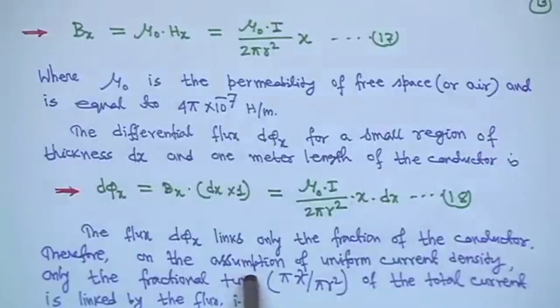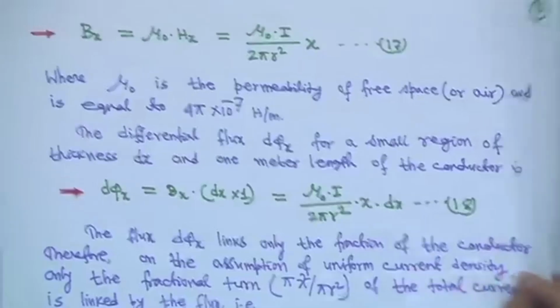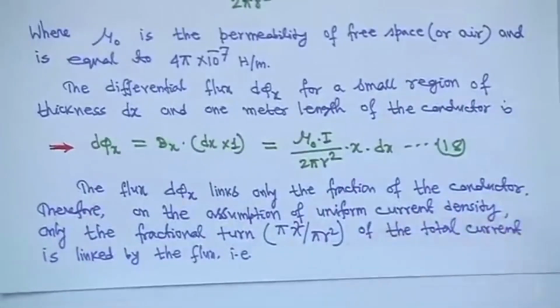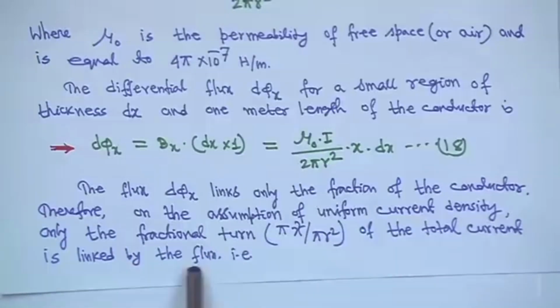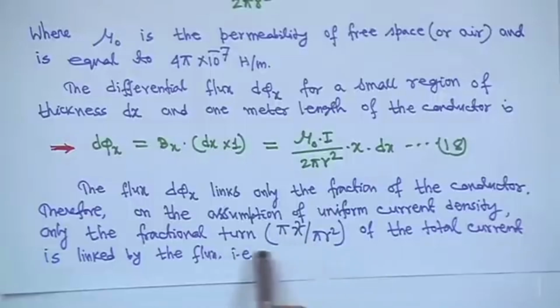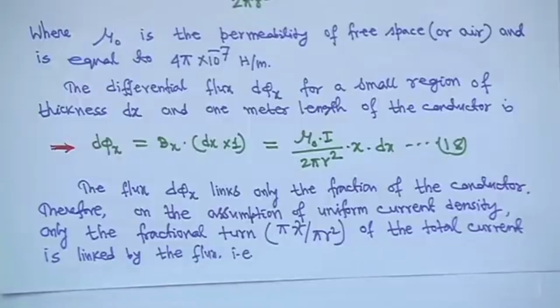On the assumption of uniform current density, in reality there is no turn because it is the cross section of a conductor, but only a fractional turn of the total current is linked by the flux, because at a distance x the area is pi x square and the conductor radius is r, so its area is pi r square. We call this ratio, pi x square upon pi r square, the fractional turn of the total current linked by this flux.